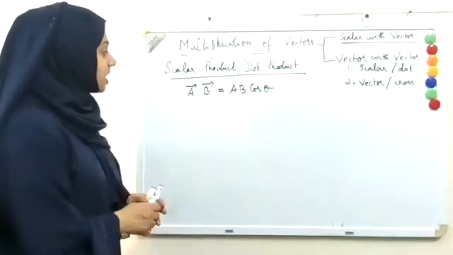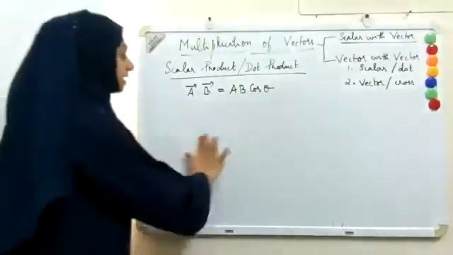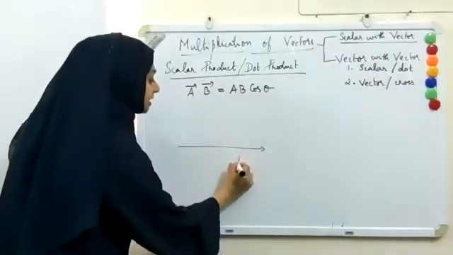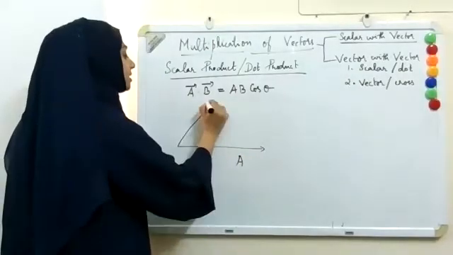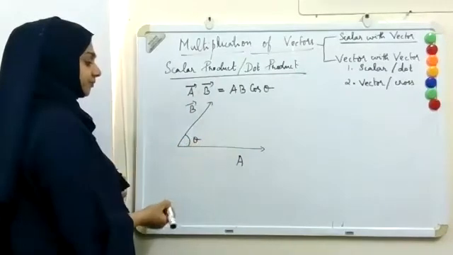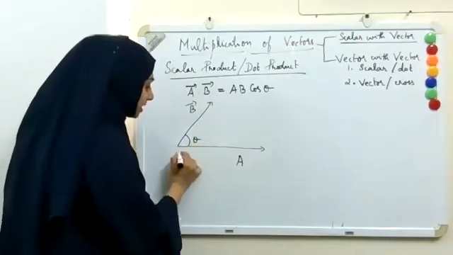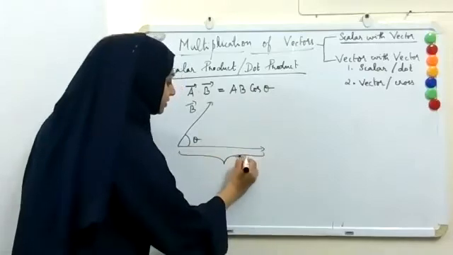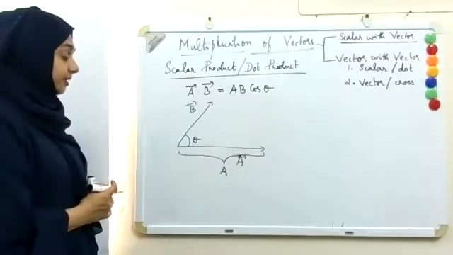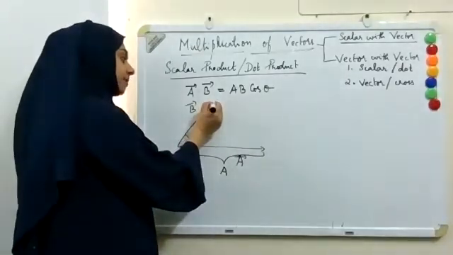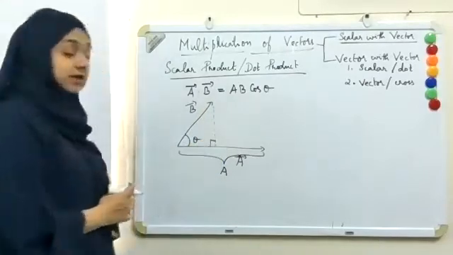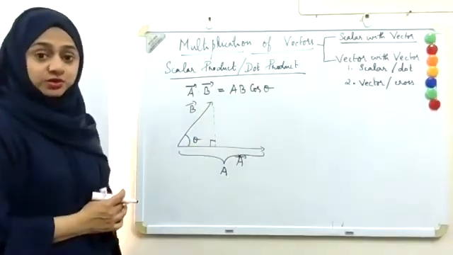Now let us see how we can represent that in the graphical form. Suppose I have a vector A and a vector B and the angle between them is theta. So magnitude A is this length. Now, if you consider a perpendicular drawn from here to here, this angle is 90 degree.